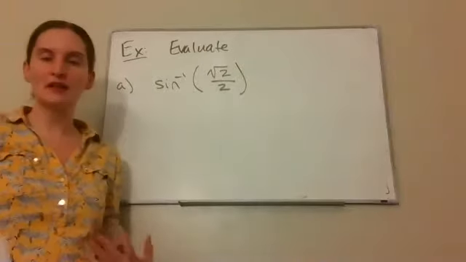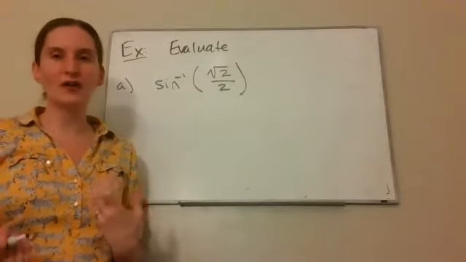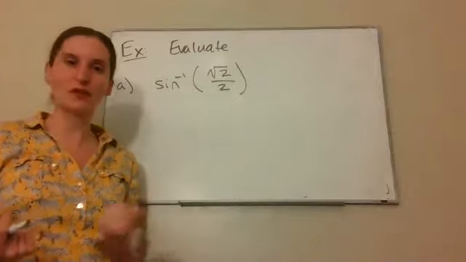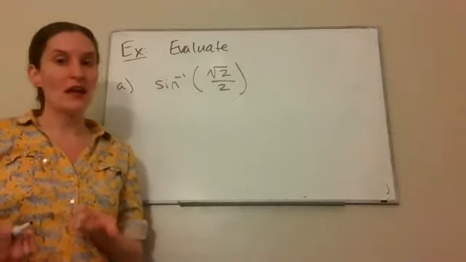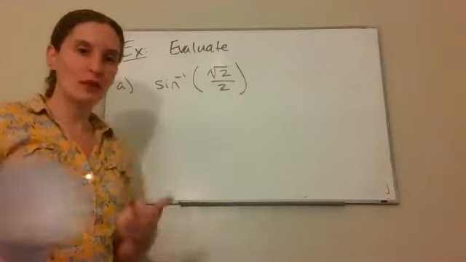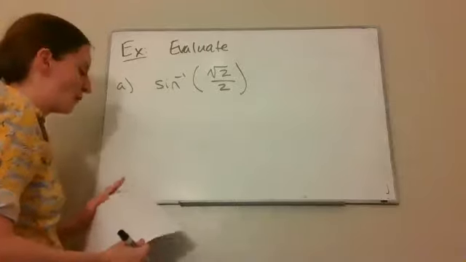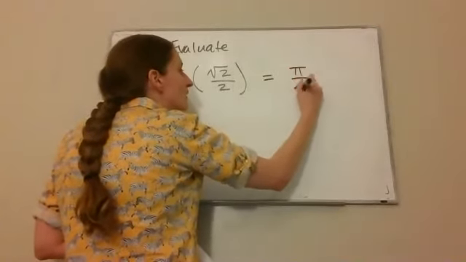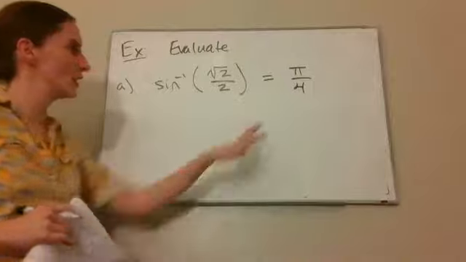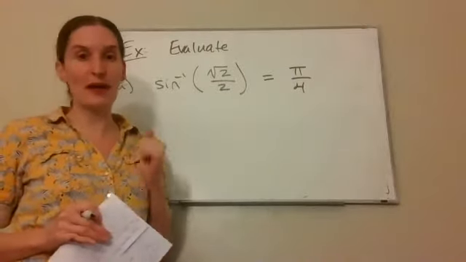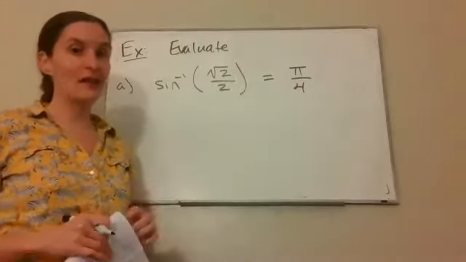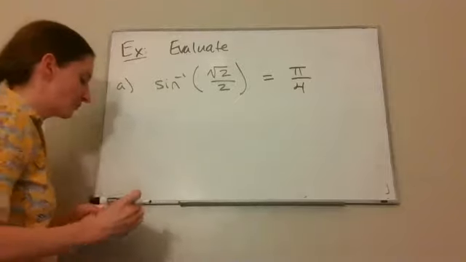And what you have to think to yourself is what angle results in sine of that angle equals square root of 2/2. And using our unit circle, we know that that should be an angle of pi/4 if we're using radians. Now this pi/4 is in between -pi/2 and pi/2, which is the range of our inverse sine, so that is the answer we are looking for.